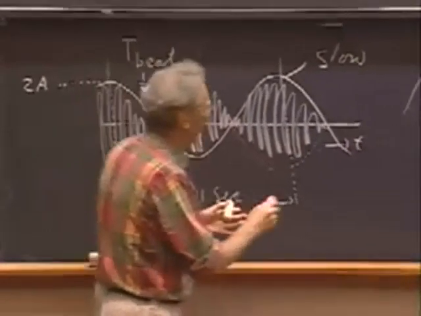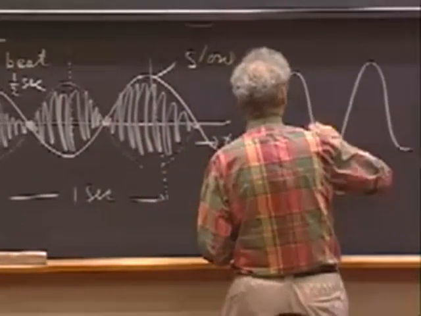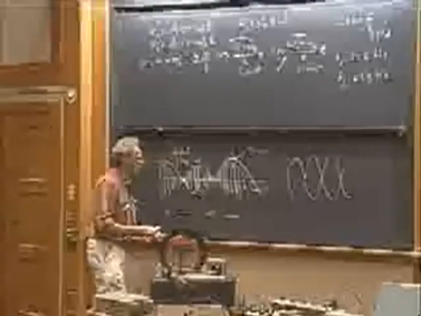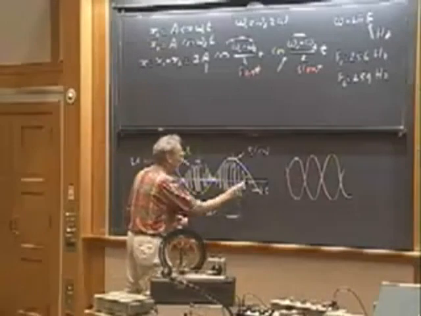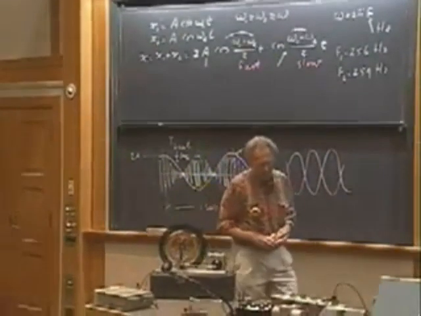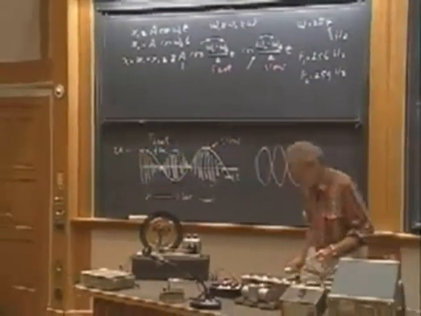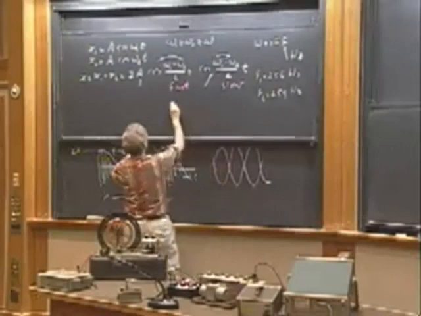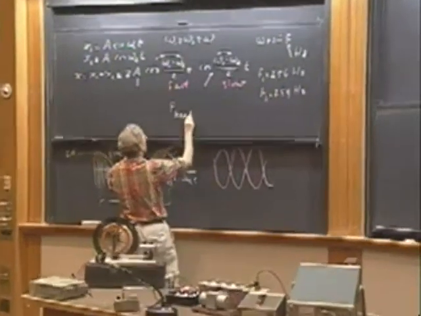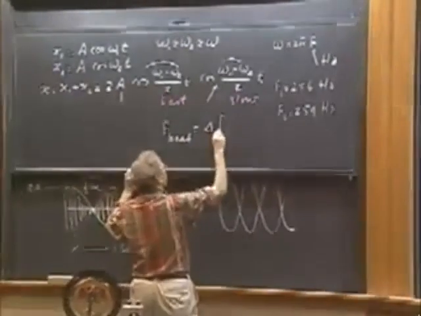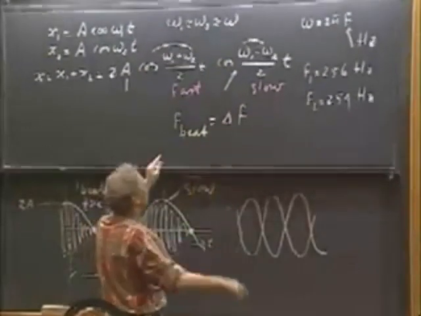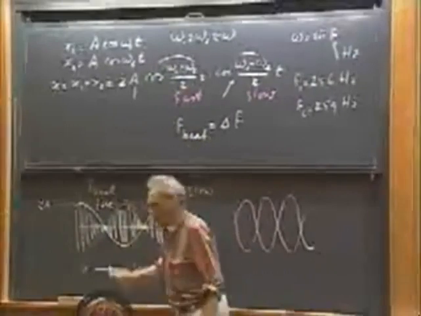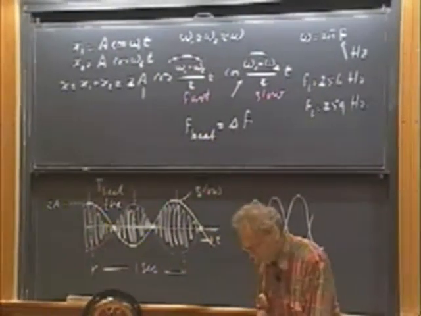But when they are 180 degrees out of phase, you have to add this, and the net result is 0. And that's the case here, and there, and there. And this is known in the literature as a beat phenomenon. And the frequency of the beat, f beat, is then defined as delta f. In our case, 2 hertz. Indeed, you see that the beat period is half a second.